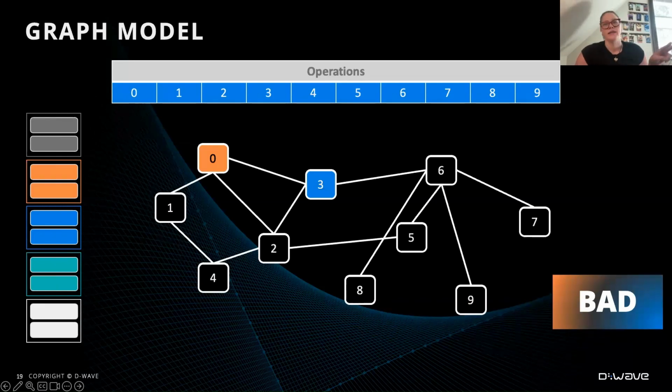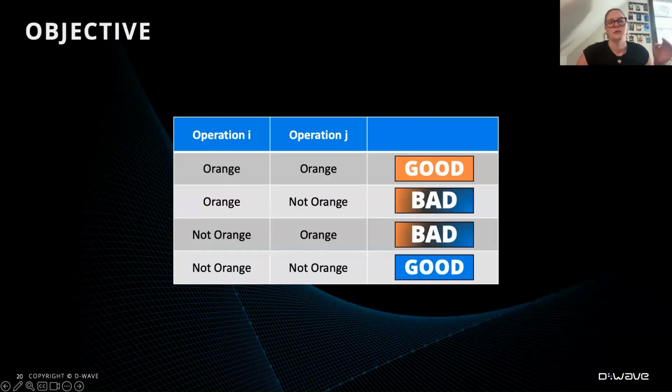So we can look at all the different possible scenarios for two tasks and one computer, and we can build a table of what all of our different possibilities could be. That would look something like this, where operation I and operation J, if they're on the same orange computer, that's good for our two tasks and the orange computer.